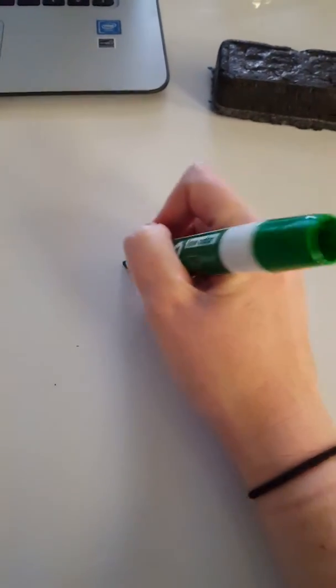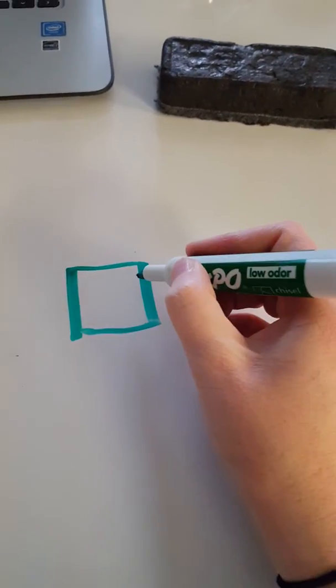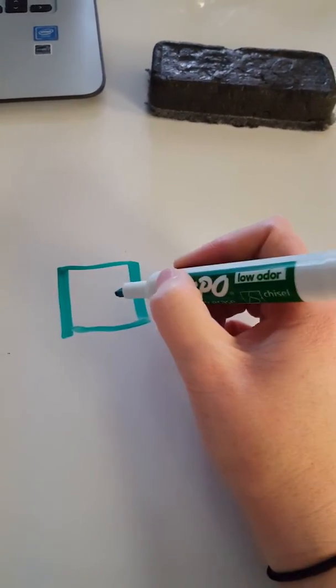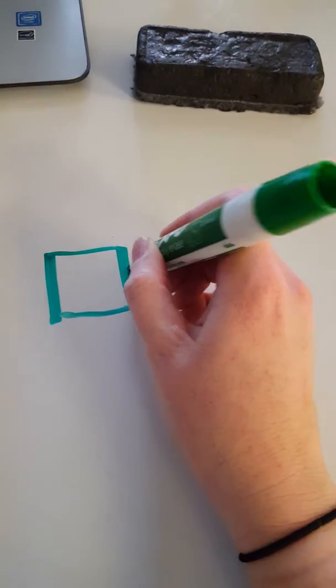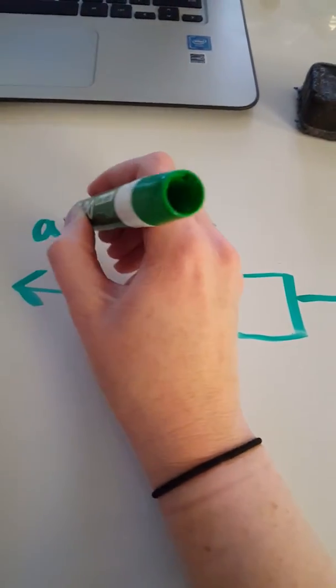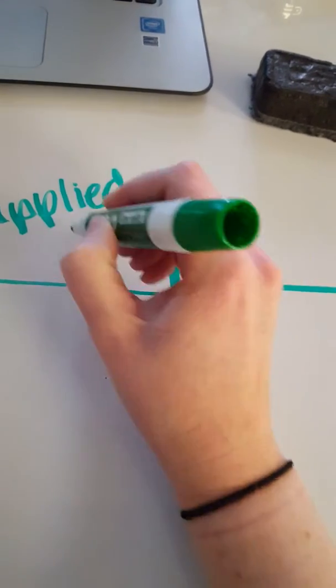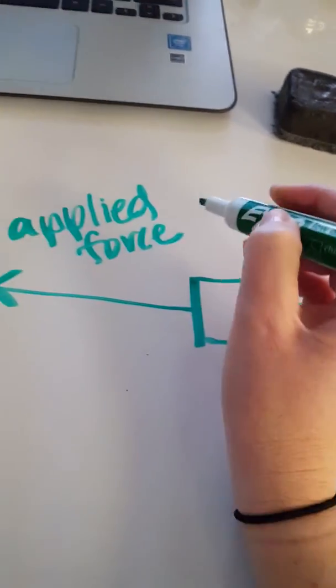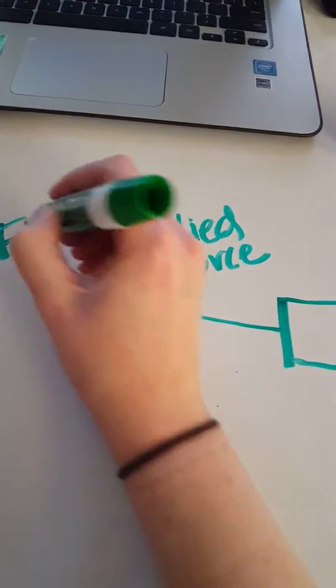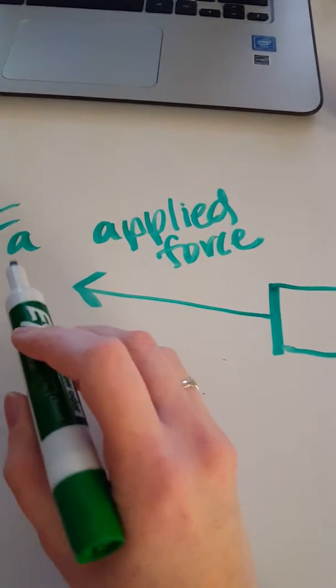So if we look at this in terms of free body diagrams, kind of looking ahead at this concept, our little square here represents our object, whatever that is. In this case, it's the eraser. And if, say, this is the direction that I push the eraser, I'm going to call that the applied force, and I label that applied force as F of A. The applied force could be a push, it could be a pull.